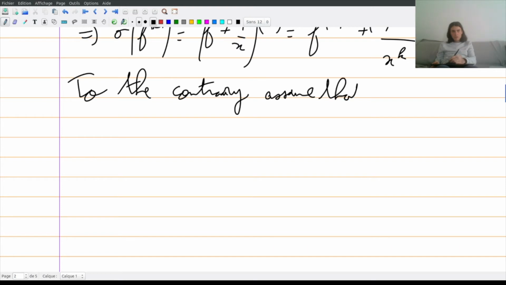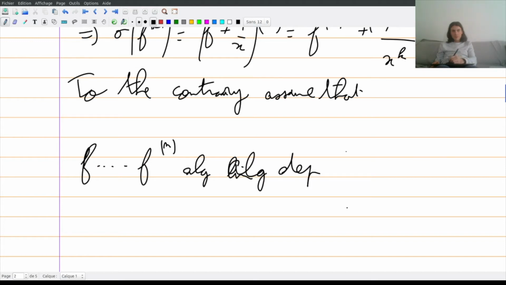So to the contrary, assume that f and its derivatives up to the n-th derivative are algebraically dependent with n fixed.